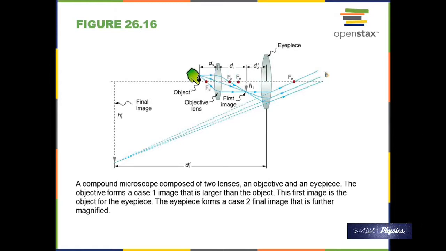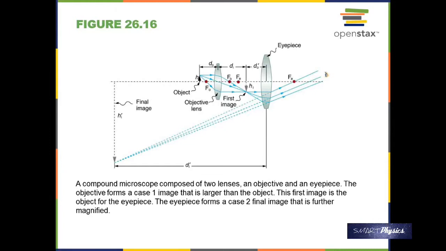And continuing, you know that magnification, how is magnification defined? Magnification has 2 formulas. Magnification is HI by HO or negative DI by DO. Now, if MO is the magnification of the objective and ME is the magnification of the eyepiece, what is the total magnification? Think before you answer.